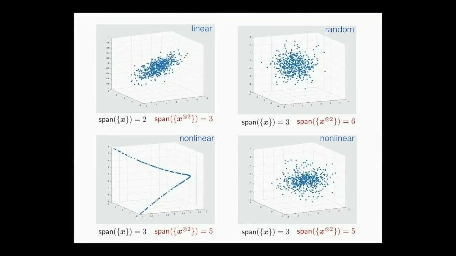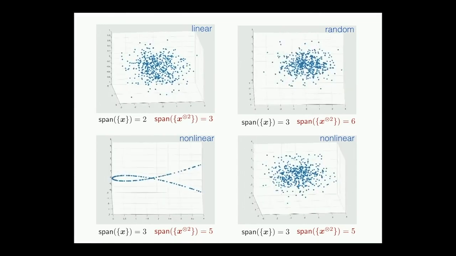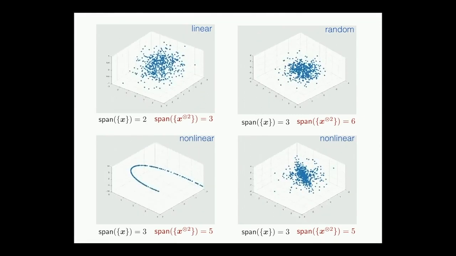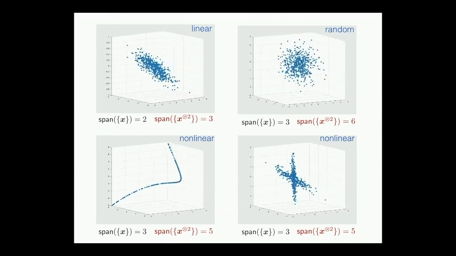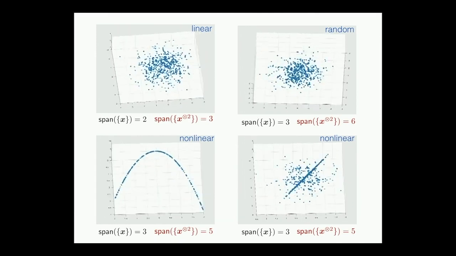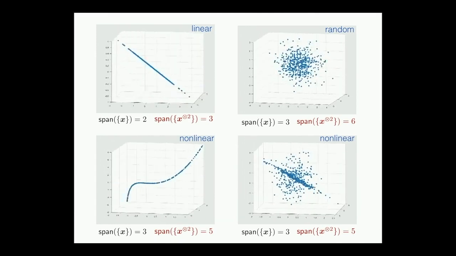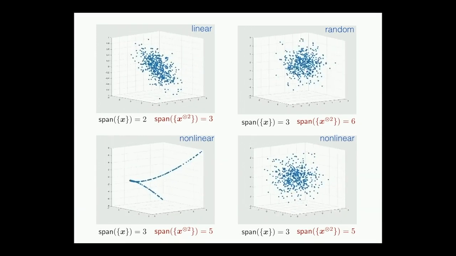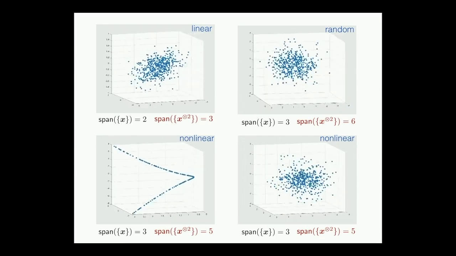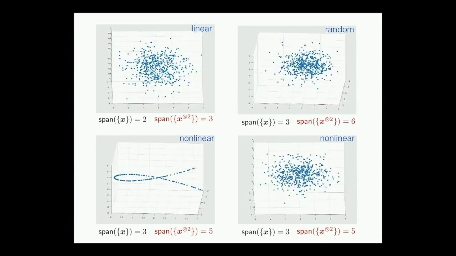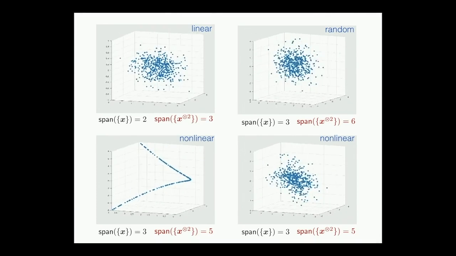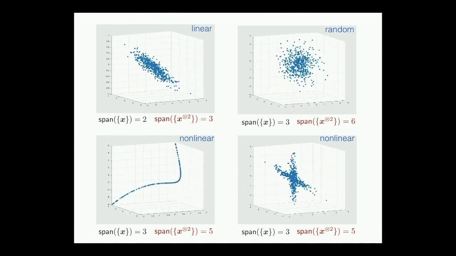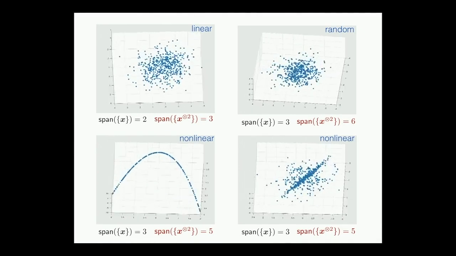And I'm showing you the span of the original data points and the quadratic representation of those data points. So 2 and 3 in the linear case, 3 and 6, no structure at all in the random case, 3 and 5 in those 2 cases. What I'm trying to show you here is that for the random points and the nonlinear varieties, we don't see anything by just looking at the rank or the span of the original points, but something pops out. That structure is captured once we go to this lifted quadratic representation.